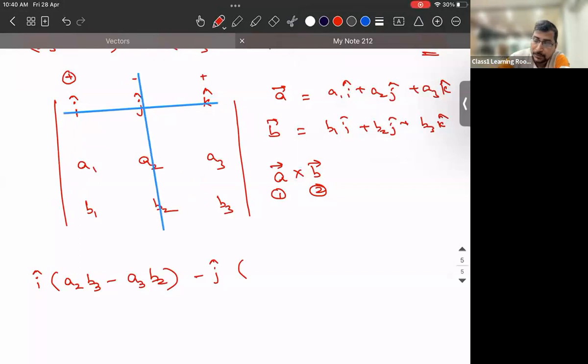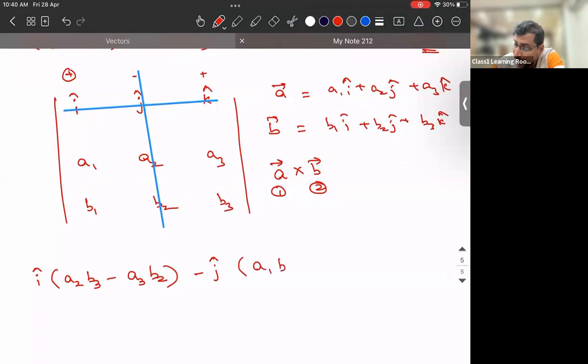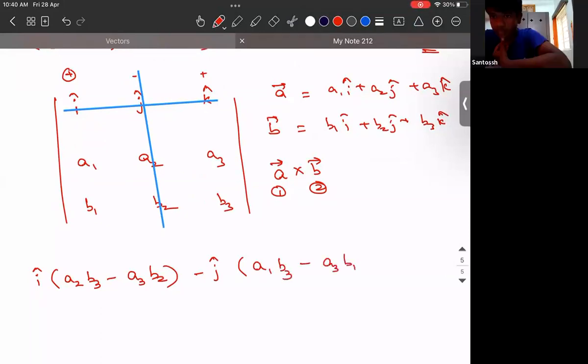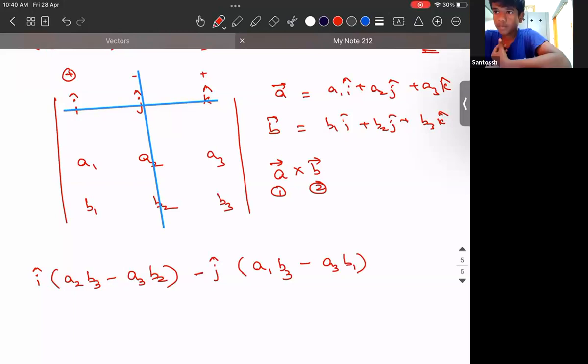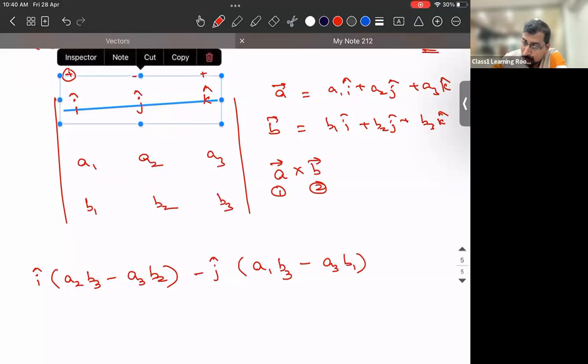So what are you able to see? A1, A3, B1, B3. So you will write it as A1B3 minus A3B1. So left to right, right to left. Clear with this? Now, this is over.